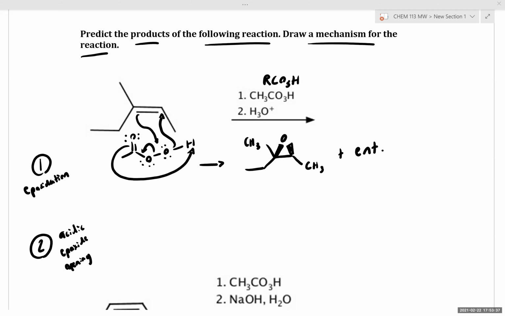Are we dealing with Markovnikov or Anti-Markovnikov regioselectivity? And are we dealing with Syn or Anti-Stereoselectivity? So let's take another 3 to 4 minutes to build on this example.